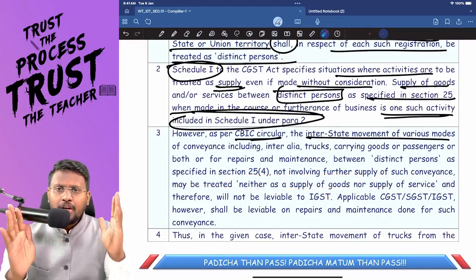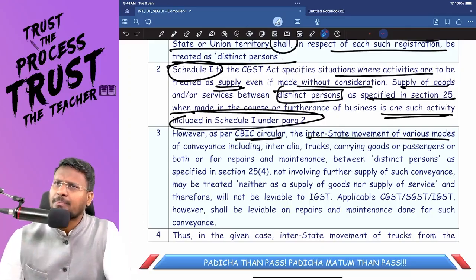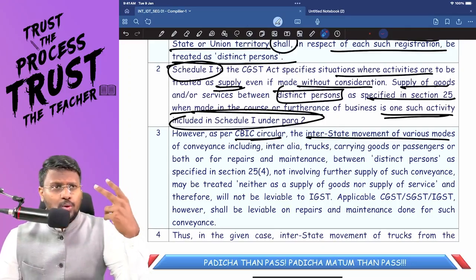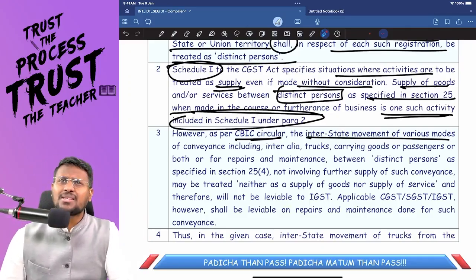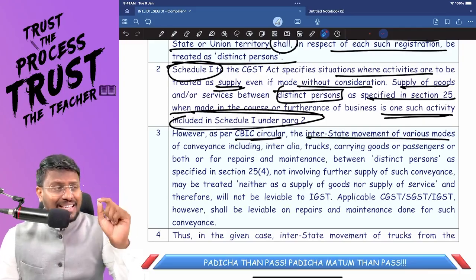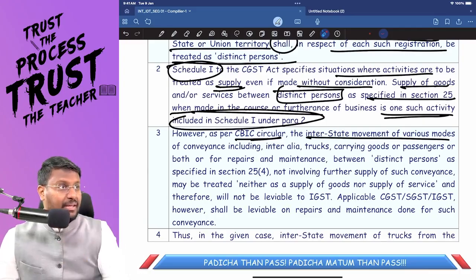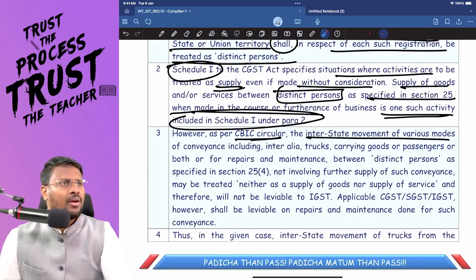For example, if two people are distinct persons, sir, do you know when two people are distinct persons? Yes, sir. When two separate registrations have been taken in two separate states, they will be called distinct persons. So if you are making interstate movement of trucks, interstate movement of what? Trucks. Between these what persons? Distinct persons.